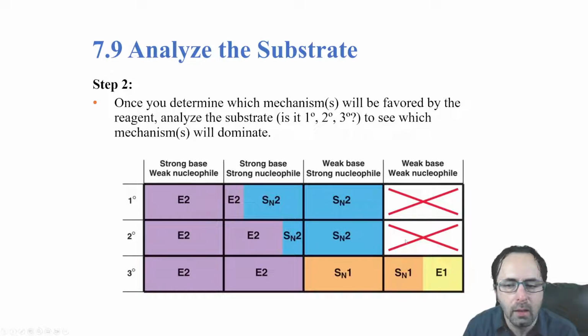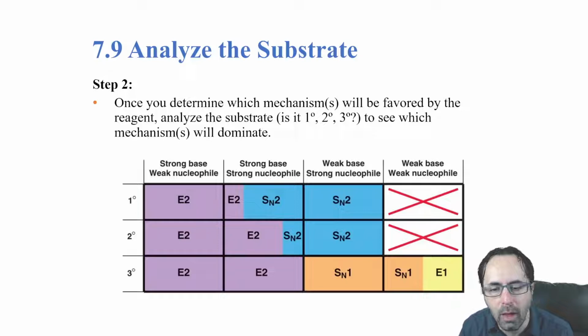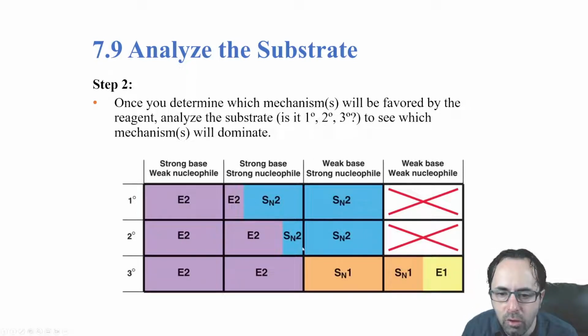Again, notice that you can understand this chart without memorizing it. Now, I will provide you with this chart on the exam, but I think it's important that you can understand what goes in each box without having to reference the chart. That's very important because that improves your intuition and your understanding of the general features of organic chemistry.